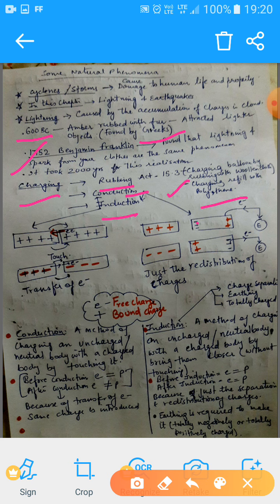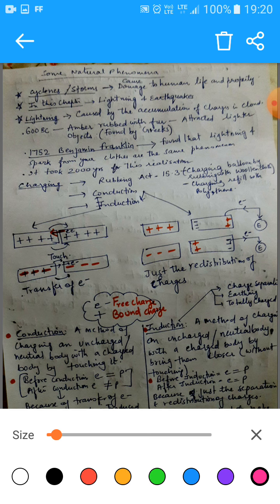And we have seen that like charges, positive and positive, repel each other, and in the same way negative like charges repel each other. But on the contrary to this, we will see that unlike charges attract each other.